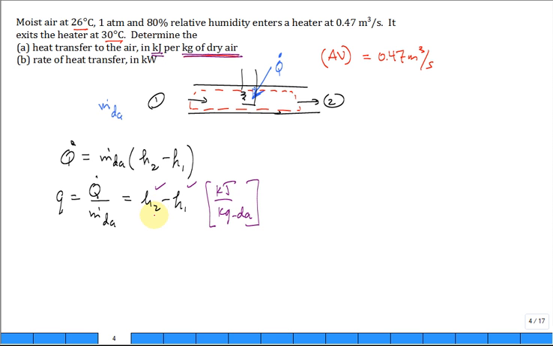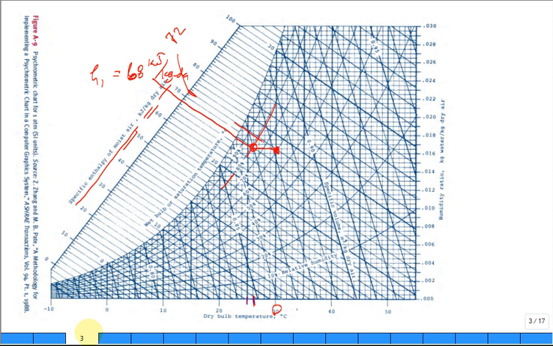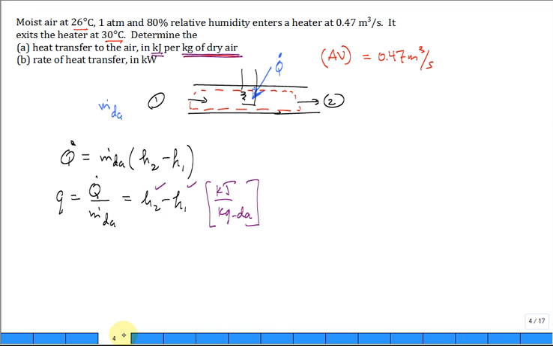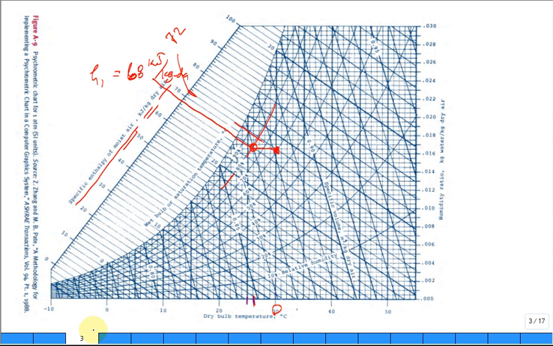Whenever you're calculating heat transfer, whenever you put it in those words exactly, you want to just use the enthalpy of the dry air and not worry about the moisture. This mixture enthalpy of the moist air accounts for the enthalpy associated with both the sensible on the vapor as well as the latent on the vapor, if it condenses out.